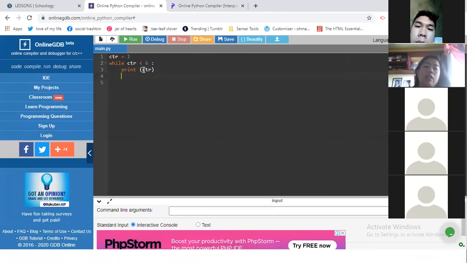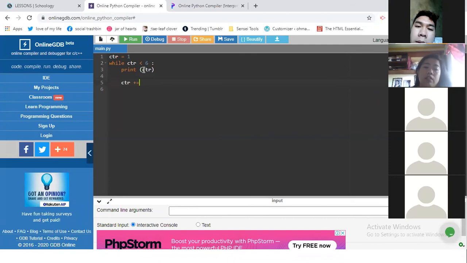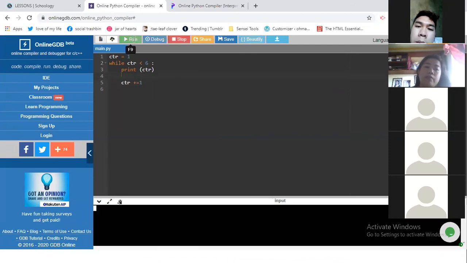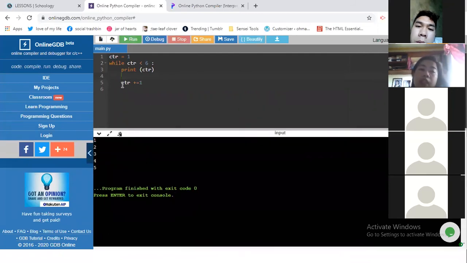And increment counter gets counter plus 1. Okay, so this is the output. That's the normal. Okay. I want to print 1, 2, 3, 4, 5. So counter less than 6. Print niya 1, 2, 3, 4, 5.